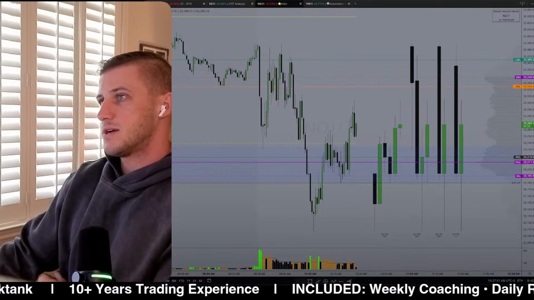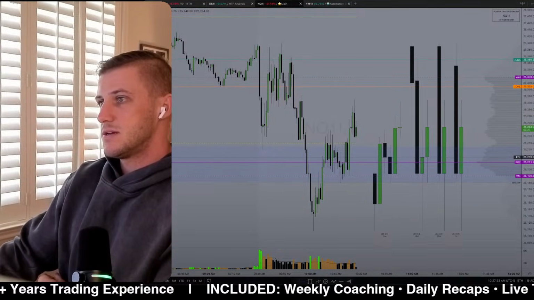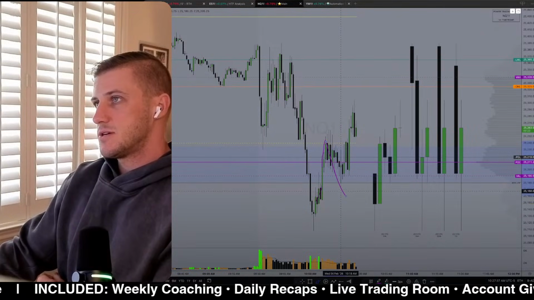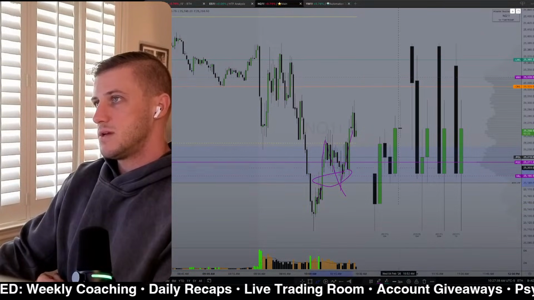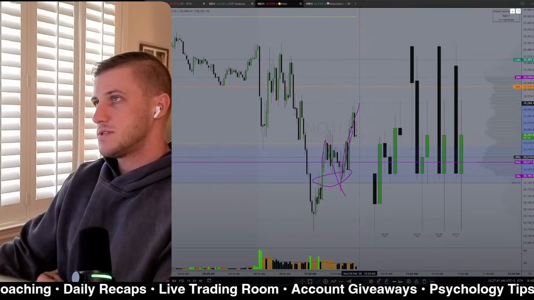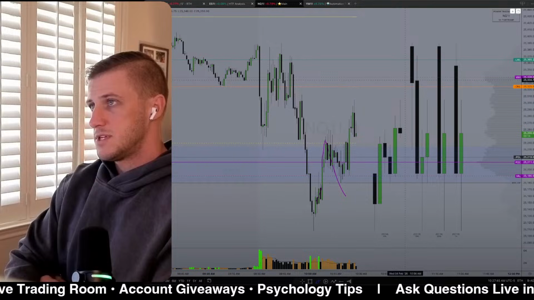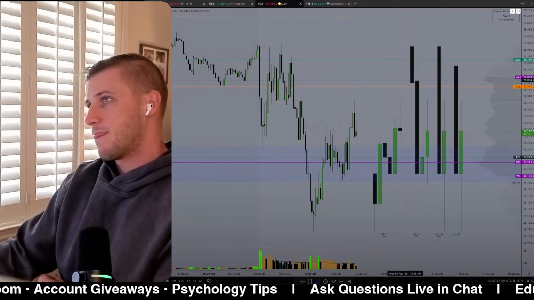So far, price kind of undercuts Monday's low. We see Monday's low reclaimed, right? Structure builds out. A little higher low right through there. We'll see what happens here. See how it builds.